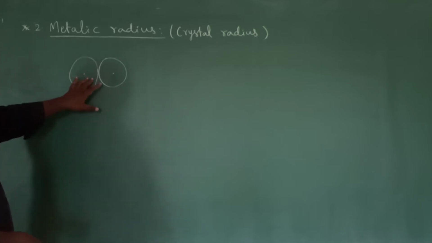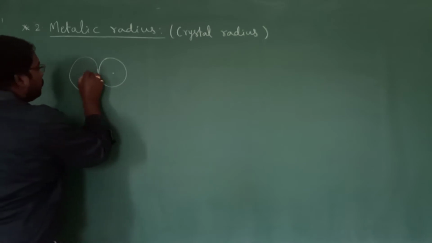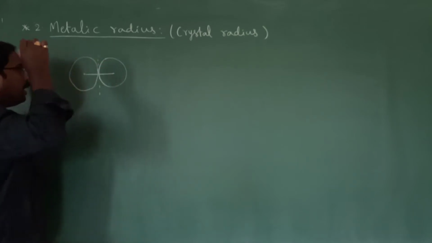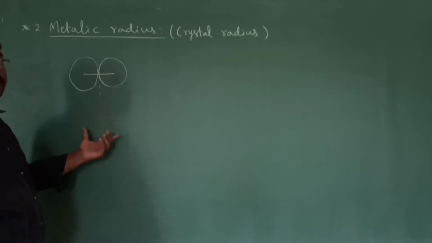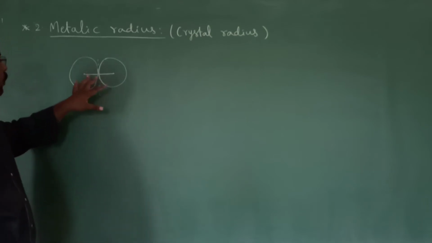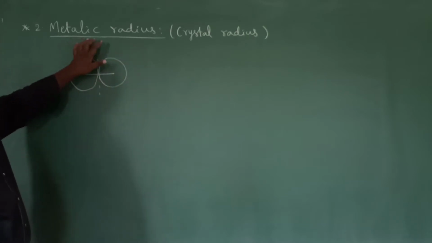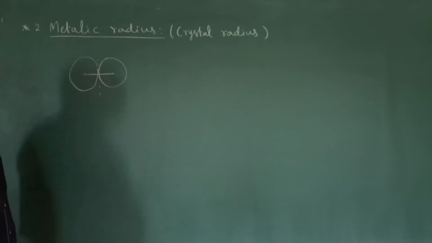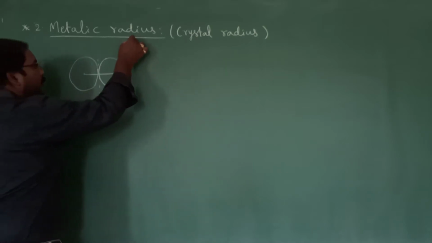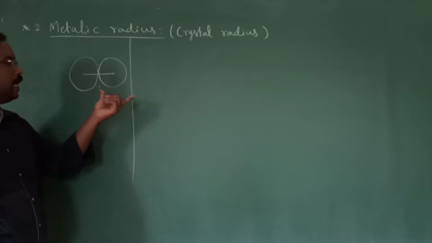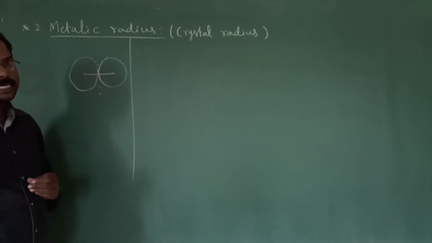Now in that arrangement, the half of the internuclear distance. So if you measure the radius in the case of metals, it is called a metallic radius. Whatever the type of radius, it is simply the half of the internuclear distance.